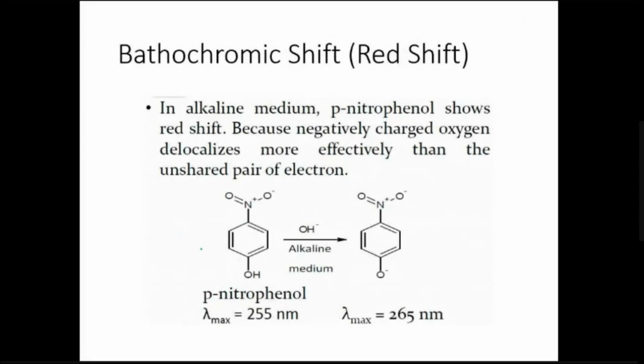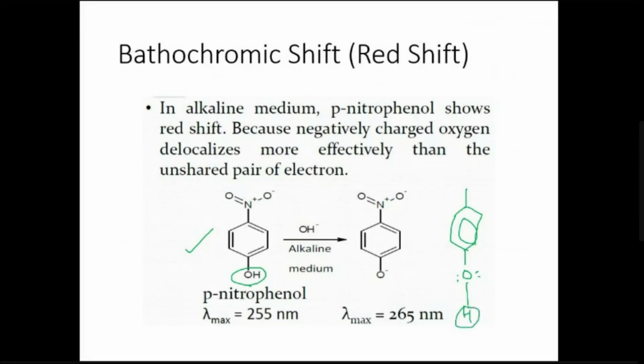Now let us see examples. First example is of bathochromic shift. You have paranitrophenol. You add alkaline medium. See, hydroxyl group over here is from phenol, so it is acidic. It is present like this. Let me draw it. See, this is OH.